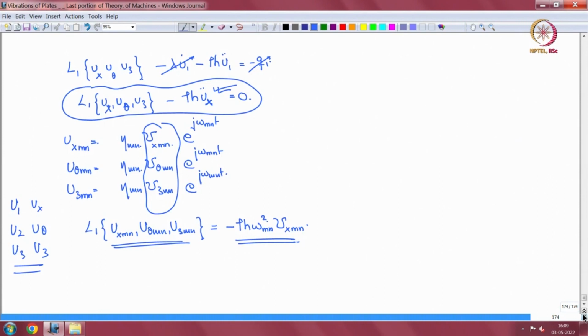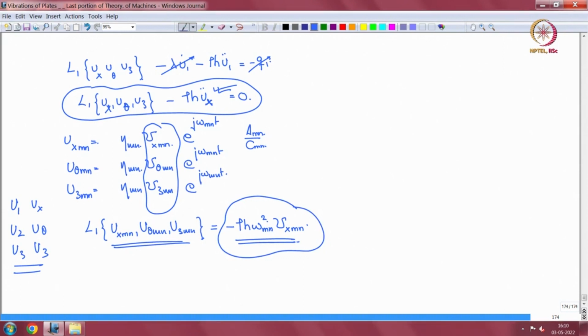Okay. Because this Ux mn carries with it Amn, Bmn, Cmn and so forth. They are carried within it. So this is what will happen. This L1 operator is equal to this, and we are going to use this. That is the reason I am trying to stress.